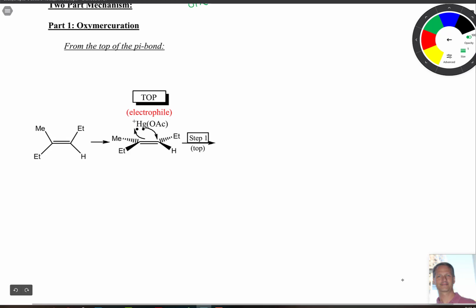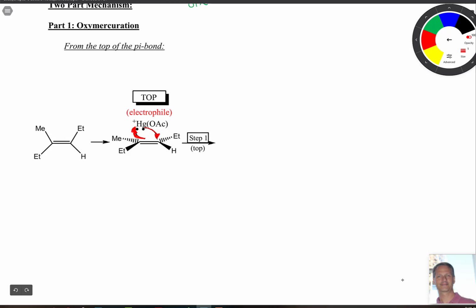When HgOAc comes in, we see an electron flow where electrons come down here, just like so, and then the pi bond comes up to the mercury atom. I'll try to bend that around a little bit. That's your step number 1.